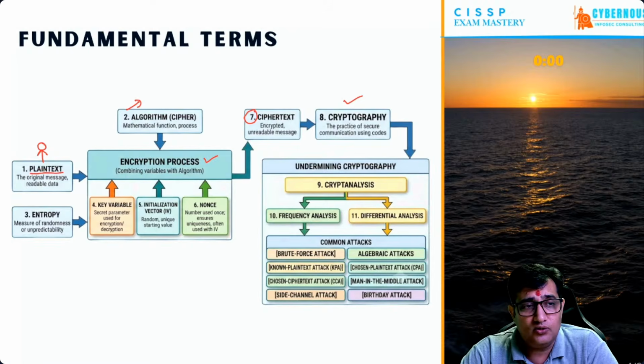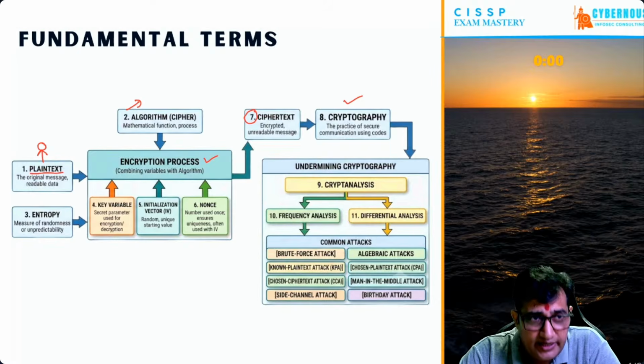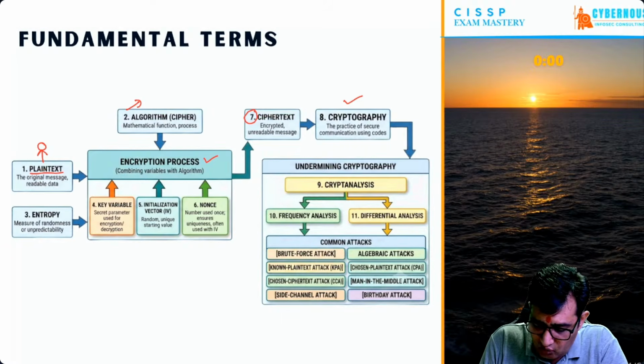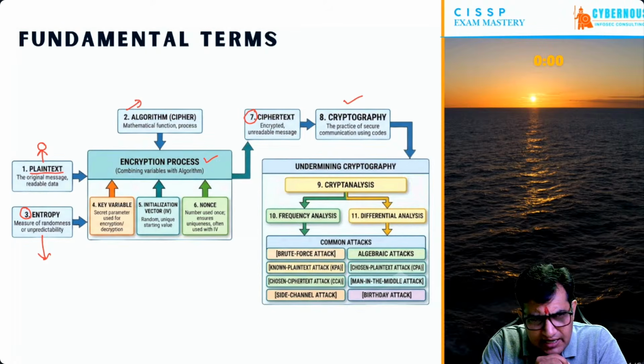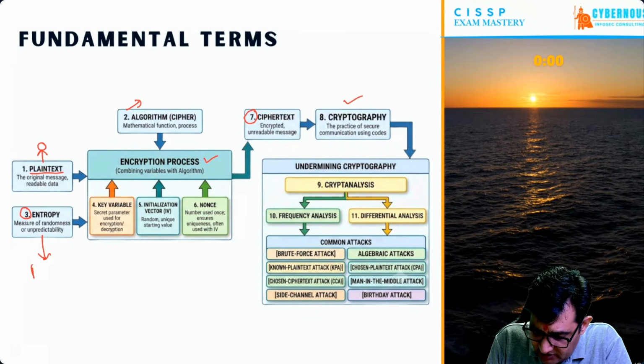So that is your algorithm. One very important quality for any algorithm is entropy. Now, what is actually entropy? In layman's language, it is nothing but randomness.